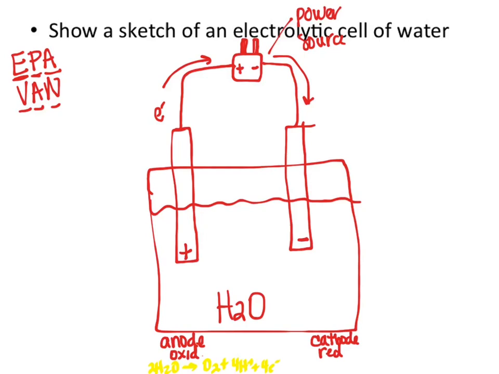So you have got to be able to tell me what is going on at each electrode. So over here, we're going to start seeing bubbles bubbling up and coming out. And what are those bubbles? That's going to be oxygen gas coming out.